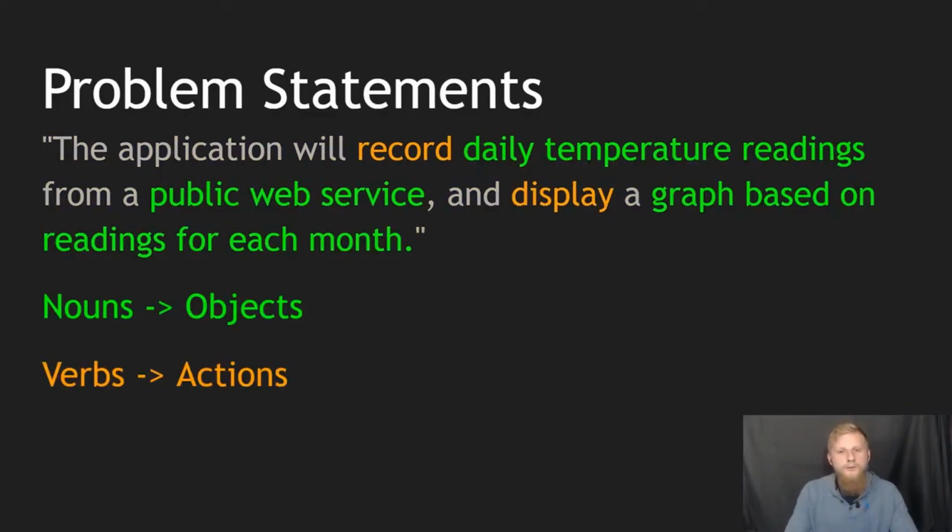Now, we will revisit this point shortly, but when you write these problem statements, pay very close attention to the nouns and the verbs. By nouns, we are talking about the objects or things. By verbs, we're talking about actions or processes or functions, things of that nature. We'll go into that a little bit more in a moment.